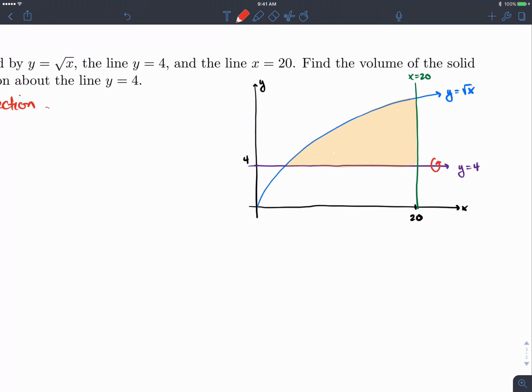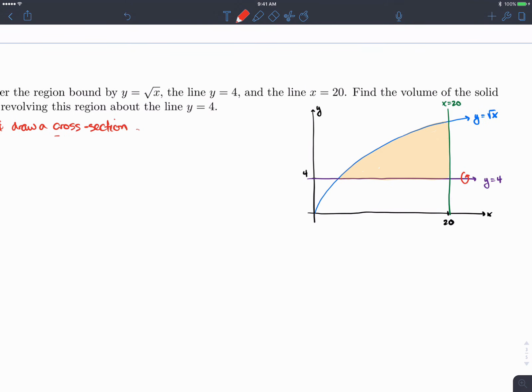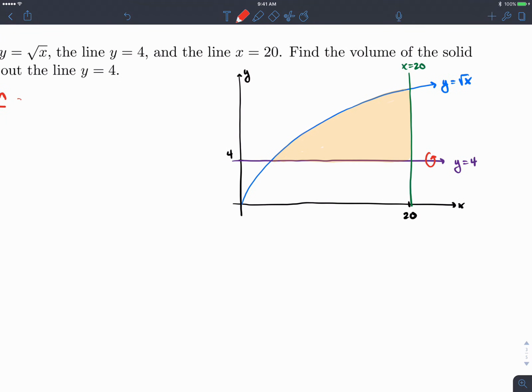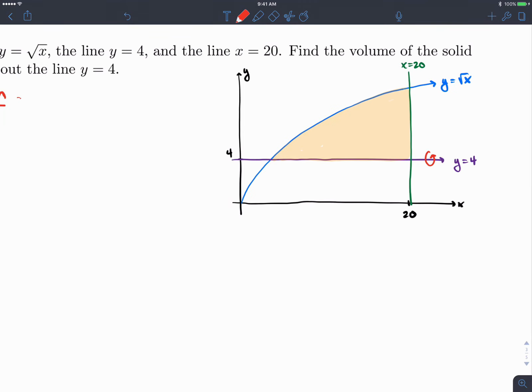Right, and then at this point I'm also going to draw our cross section. So we've got our area. Now the cross section can be a really important tool in the later steps in this problem. We want to consider if we were anywhere along the axis that we're rotating, anywhere along this horizontal line, some point. I'm just going to pick a point in between and call this x.